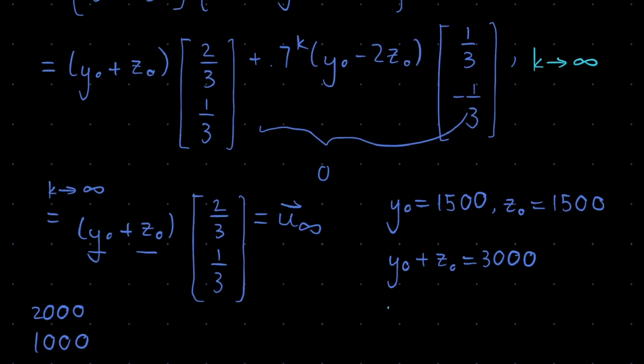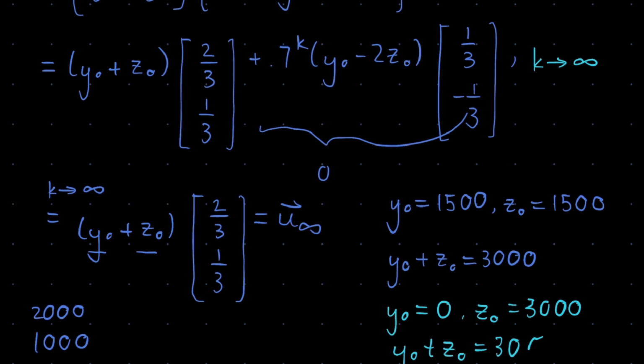But if the population y0 is 0 and z0 is 3,000, well, their sum is again 3,000. And so the population also converges to a distribution of 2,000 and 1,000. So as long as the total population is the same, we don't have to worry about what values y0 and z0 are. That's really interesting.